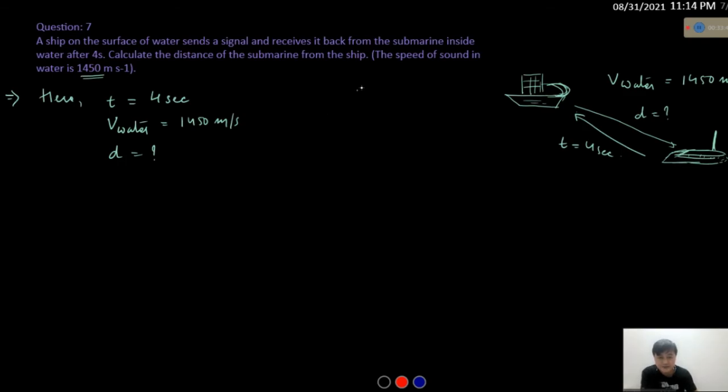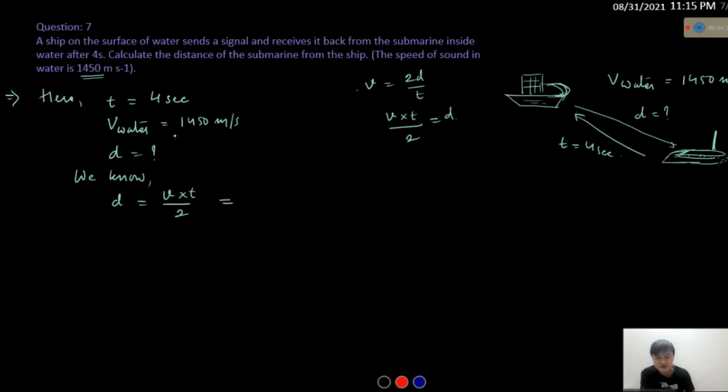Directly we can write the formula, v is equal to 2d upon t. Then to find the distance, distance will be v into t, divided by 2. We know these sums are very easy. Anyways, d is equal to v into t upon 2.